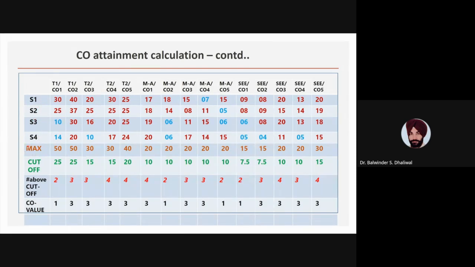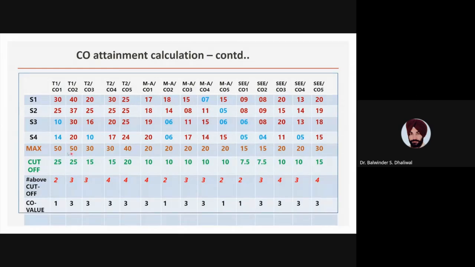Then maximum is the maximum marks possible for that particular column. In T1, there will be some questions related to CO1 and some questions related to CO2. How many marks are awarded to CO1 questions, that maximum is written here under this maximum row.